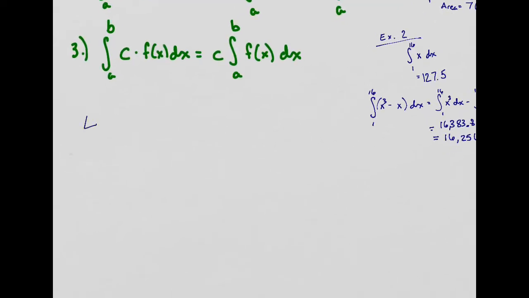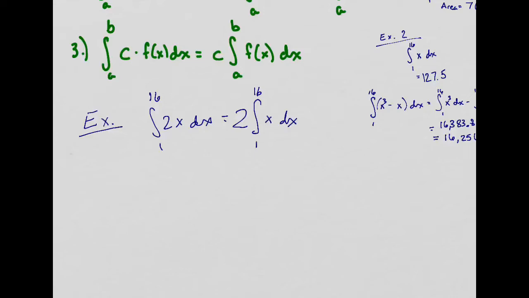So for example, let's just stick with this x example from 1 to 16. But now we are going to multiply by 2. So if we have the integral from 1 to 16 of 2x dx, then that is going to be equal to pulling out that 2 out front of the integral from 1 to 16 of x dx.